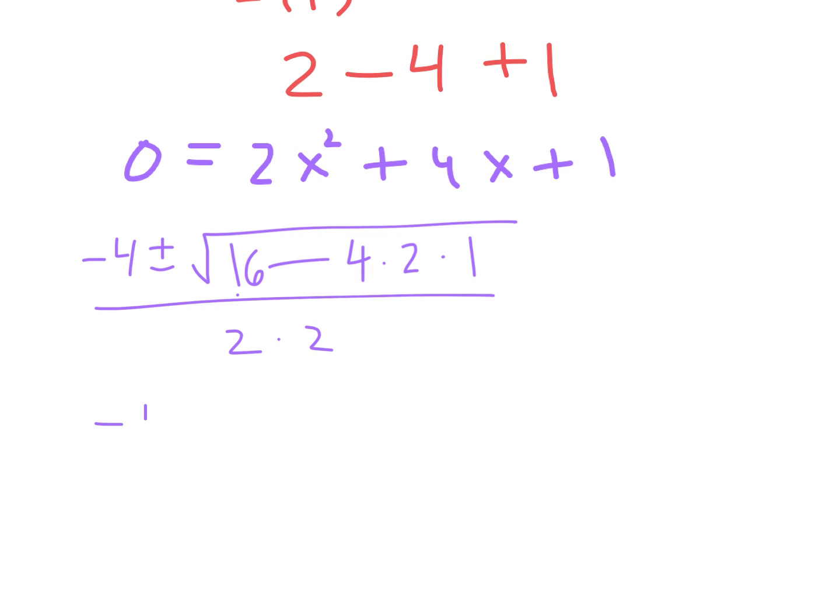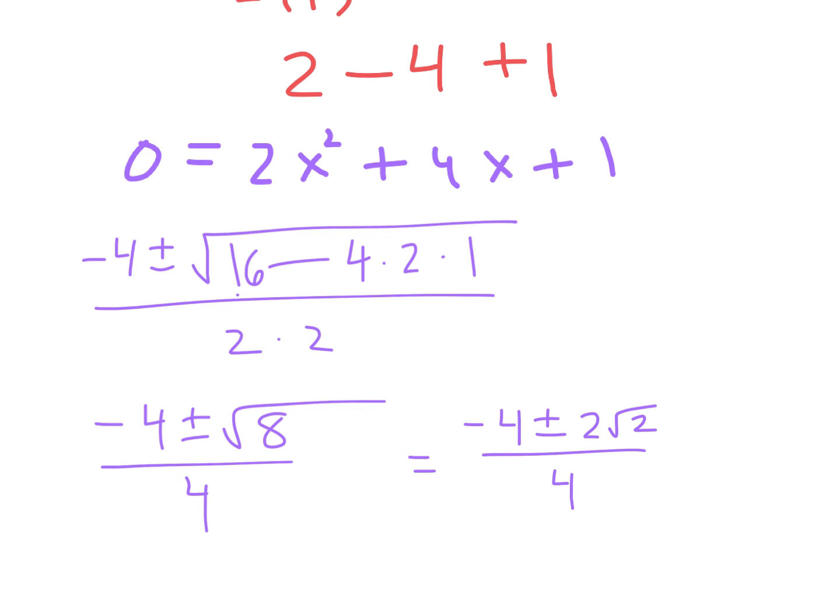So this would be -4 plus or minus the square root of 16 minus 8, which would just be 8, over 4. Can we simplify the square root of 8? Yep, what does it simplify to? 2 square root 2.